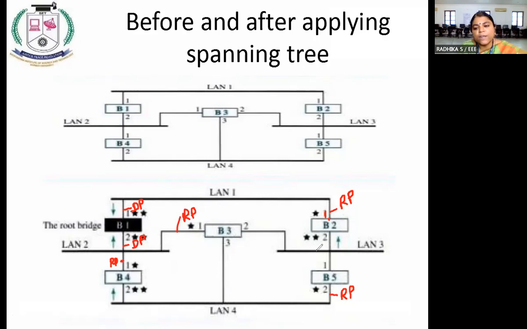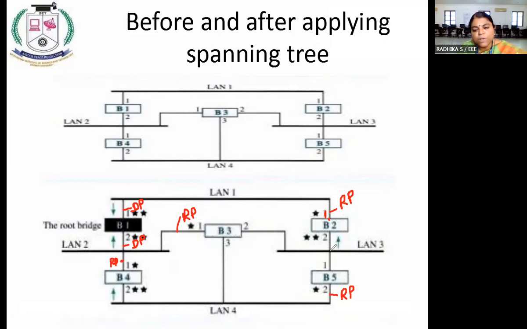If I take LAN 3, likewise, if it has to be connected to the root bridge, I am taking this path.